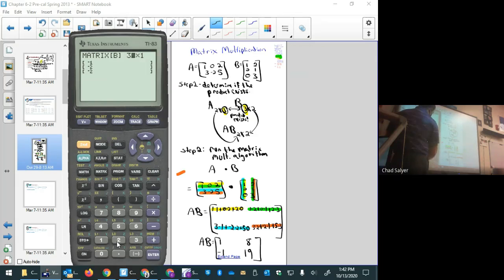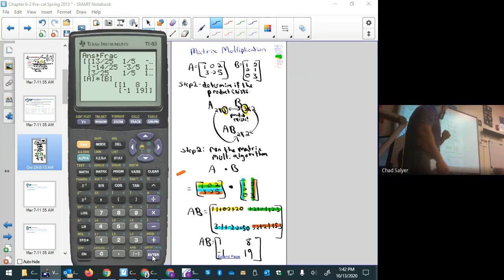This is 3 rows by 2 columns, and it is 1, 2, 2, 1, 0, 3. So I'll do matrix A times matrix B. Get this result, and I see that it matches my answer, so we're good to go.